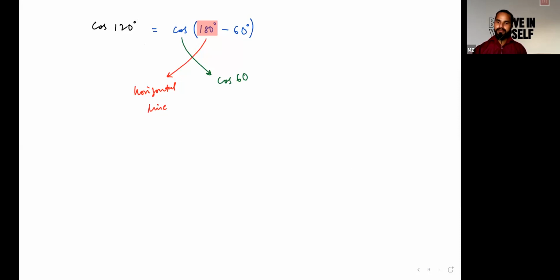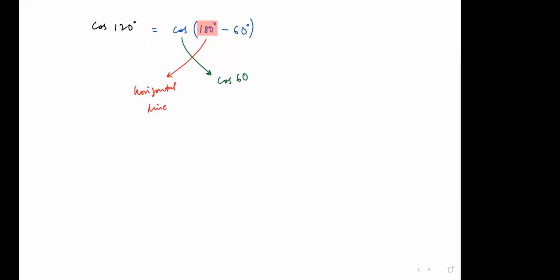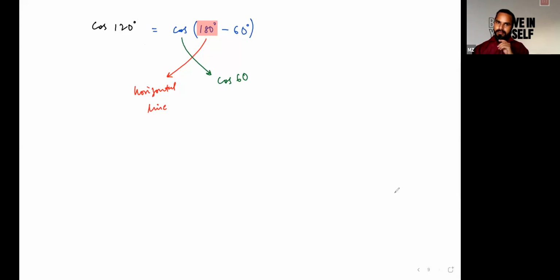Yusuf, tell me in which quadrant it will lie. The third. Yes, Yusuf. In which quadrant would this particular value lie? First.